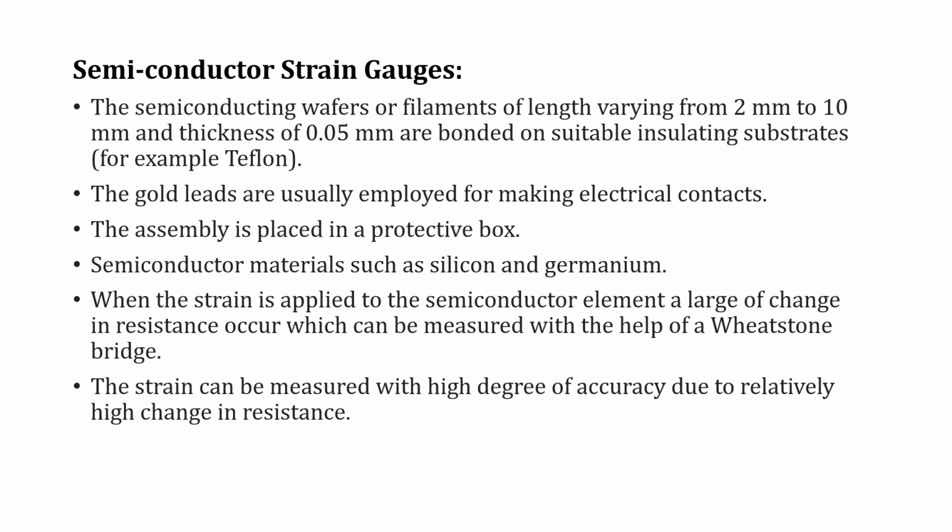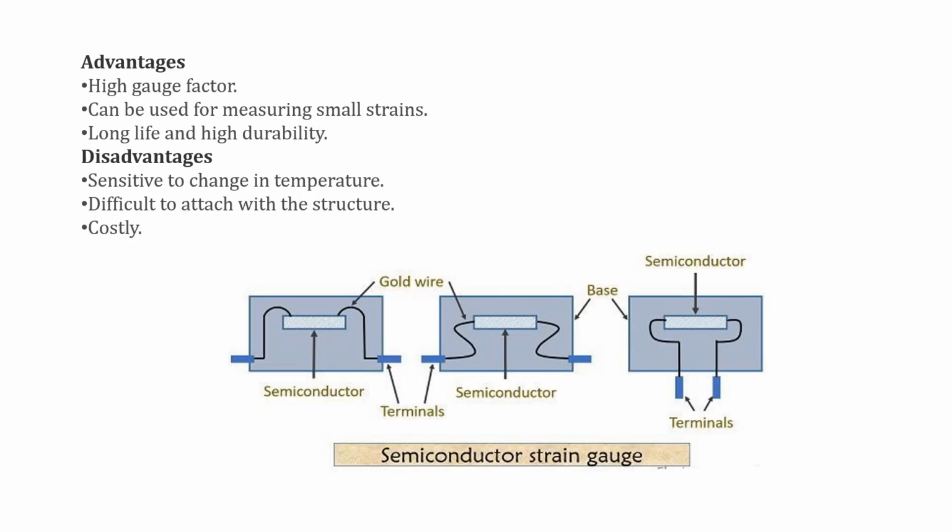Semiconductor materials such as germanium and silicon might be used. When strain is applied to the semiconductor element, a large change in resistance occurs, which can be measured with the help of a Wheatstone bridge. The strain can be measured with a high degree of accuracy due to the relatively high changes in resistance. So this might be the semiconductor strain gauge.